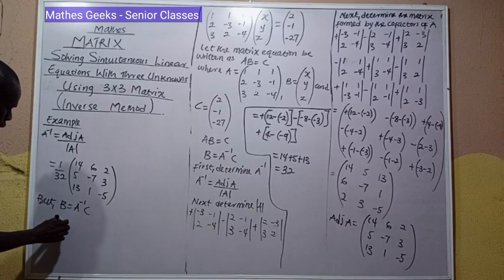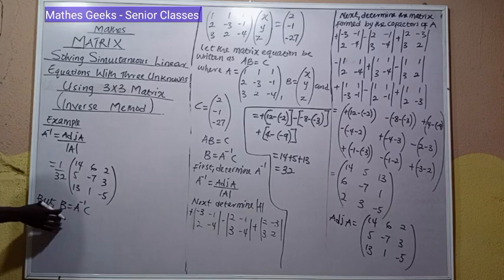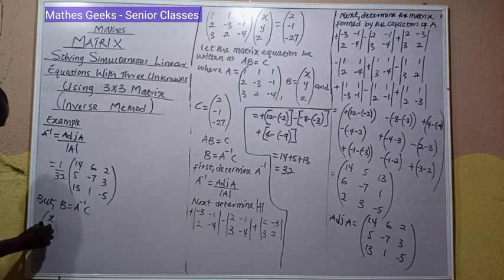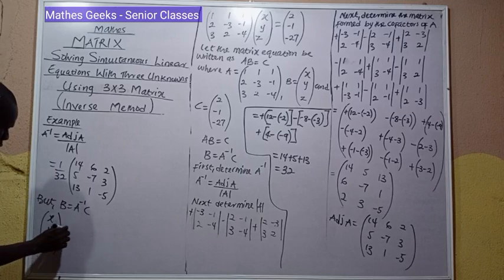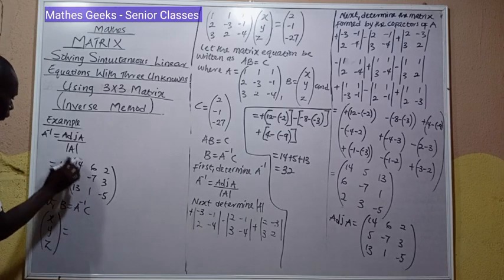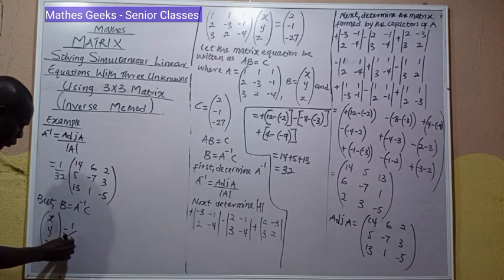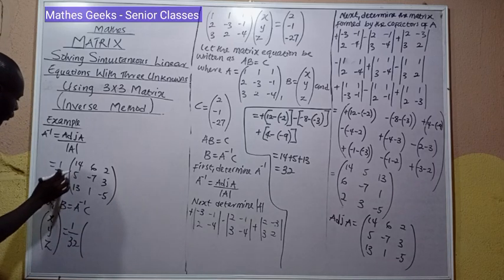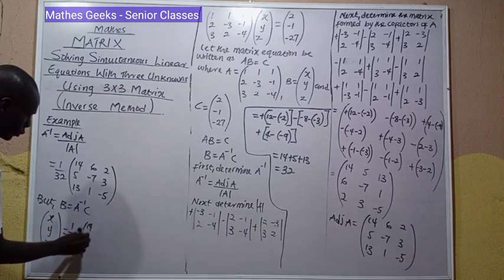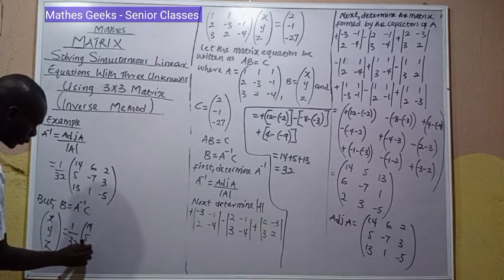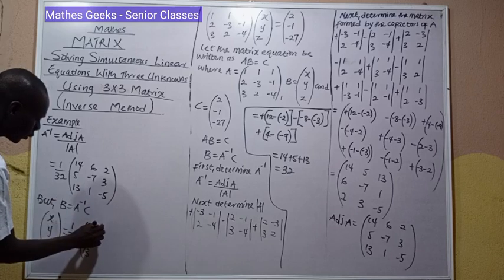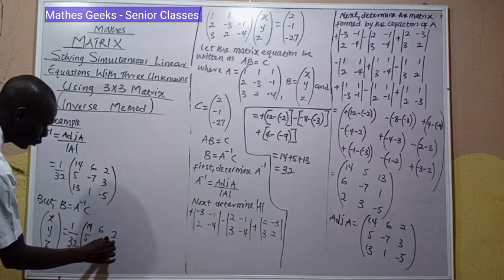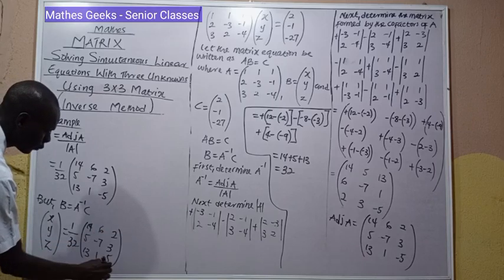So B is equal to, where B is equal to x, y, z, we bring it here now. x, y, z is equal to our A inverse, which is 1 over 32 multiplied by 14, 5, 13, 6, minus 7, 1, 2, 3, 5.